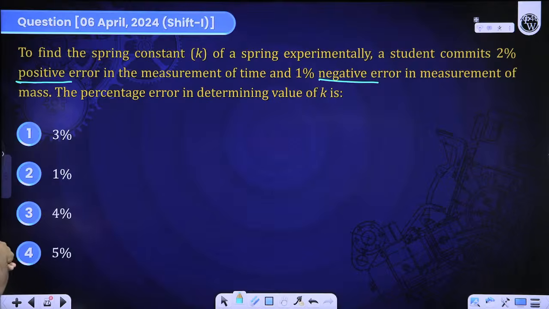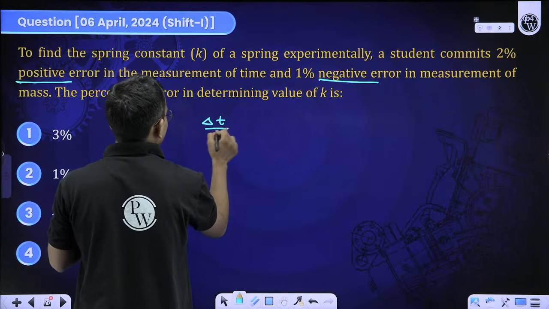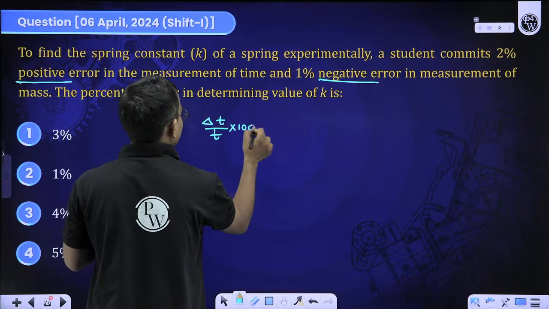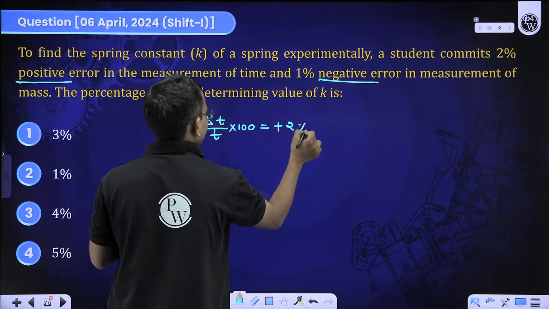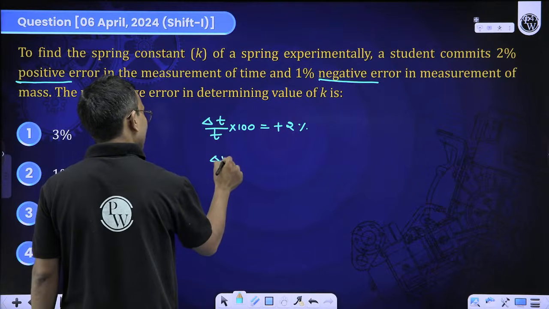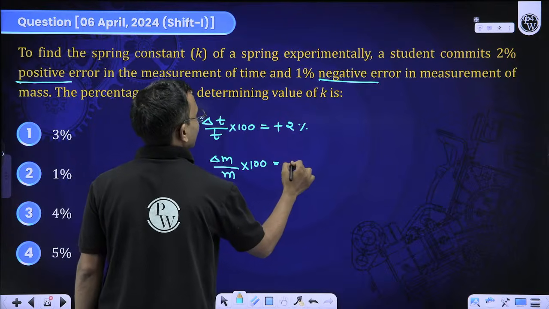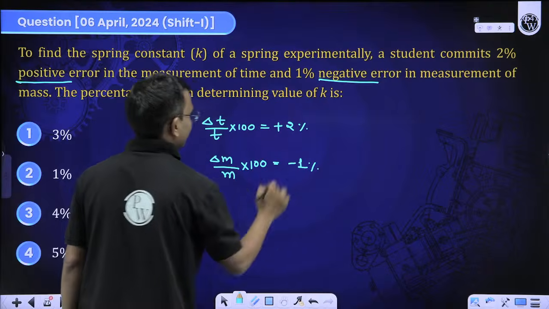To find the spring constant K of a spring experimentally, a student commits 2% positive error in measurement of time, so delta T by T into 100 is plus 2%. And 1% negative error in measurement of mass, delta M by M into 100 is minus 1%.